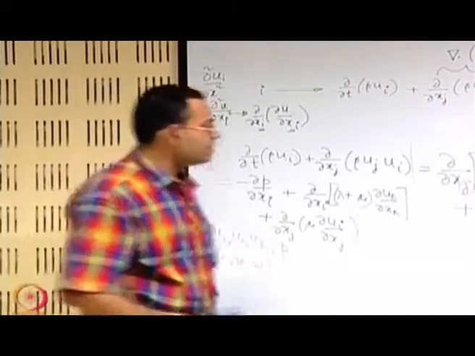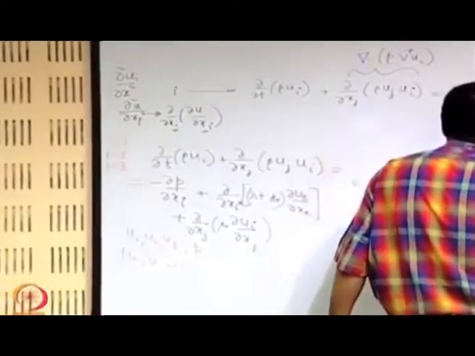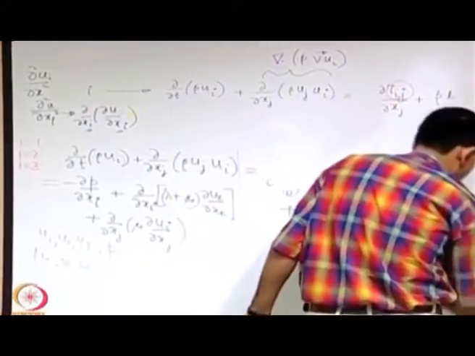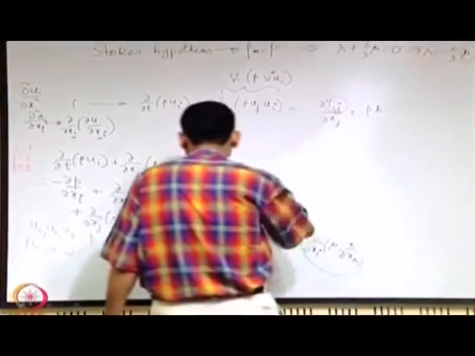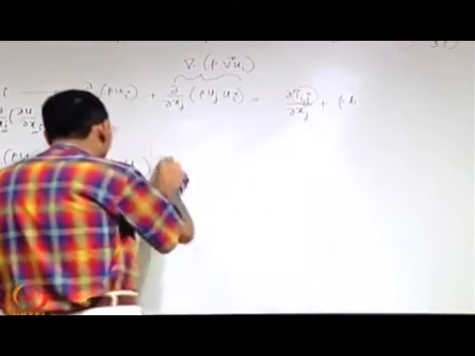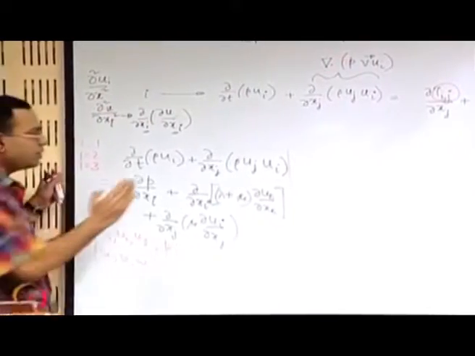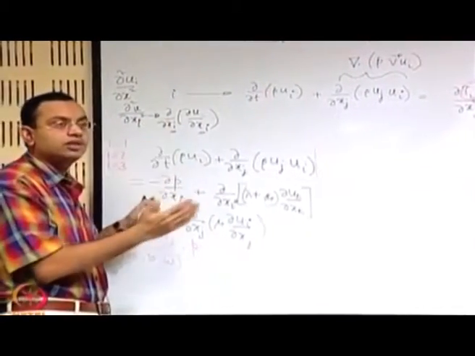So let us now try to simplify this equation by utilizing the continuity equation. Till now we have not simplified it using the continuity equation. This form of the equation is known as the conservative form, because we have not disturbed the form which has come from the control volume conservation.